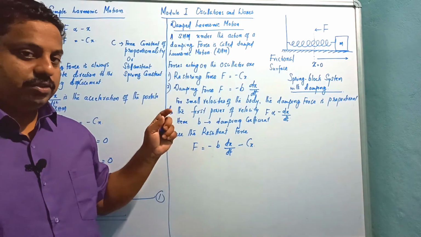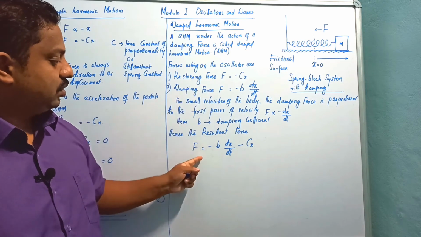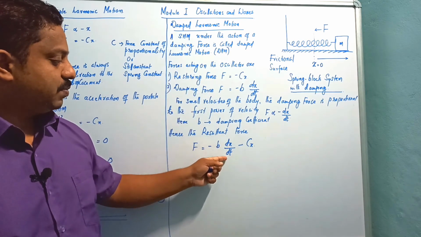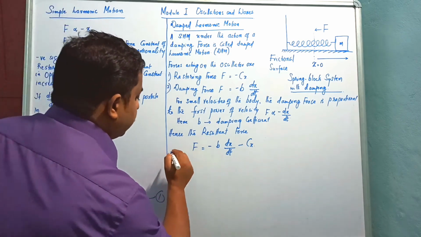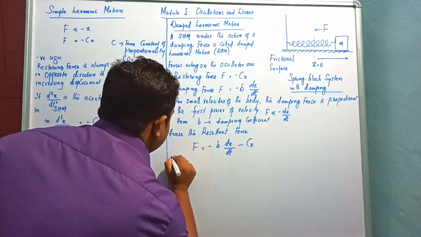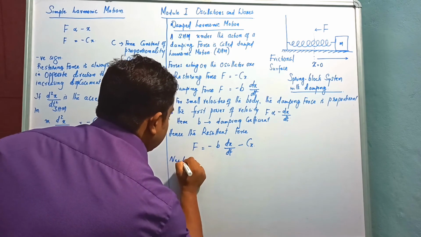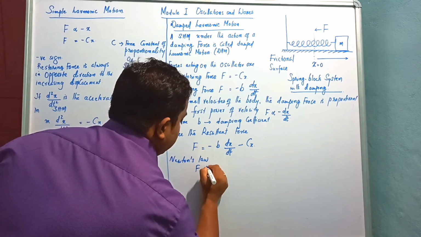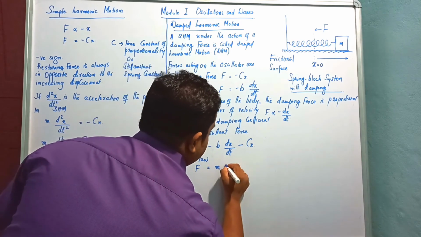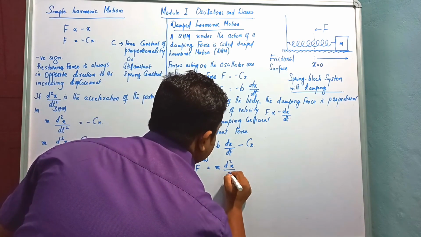By Newton's law, F is equal to m d square x by dt square.